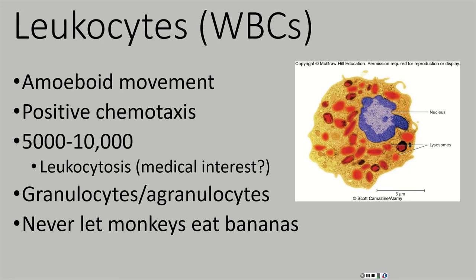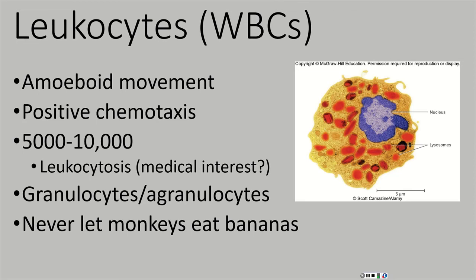Positive chemotaxis means something moves towards certain chemicals. If it were negative chemotaxis, it would mean they move away from it. But leukocytes exhibit positive chemotaxis. They move toward certain chemicals. We will go into that in a little bit more detail when we get to the immune system.